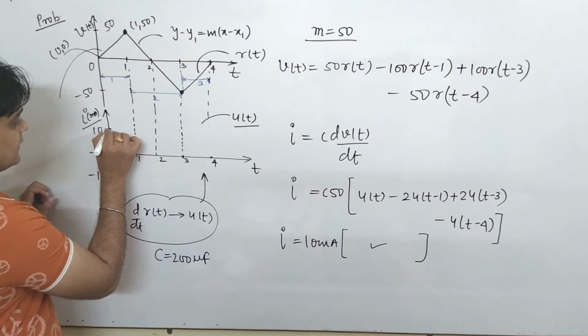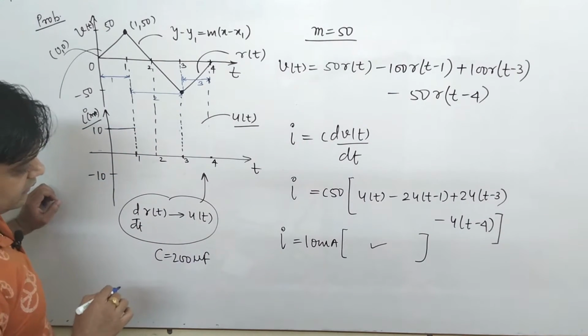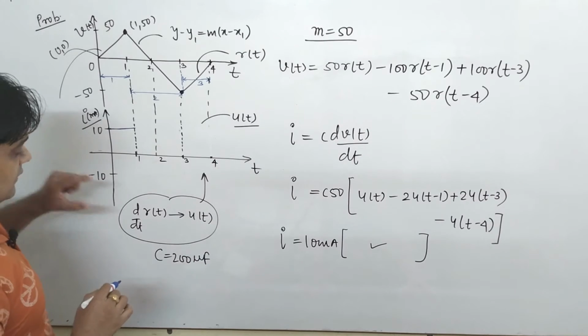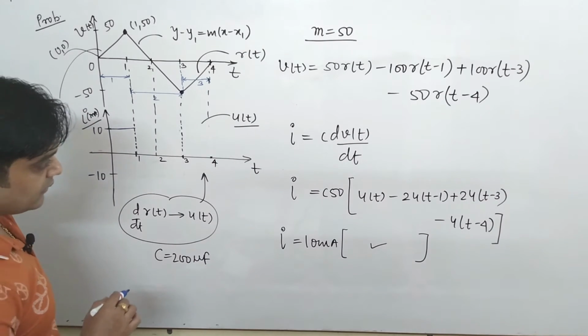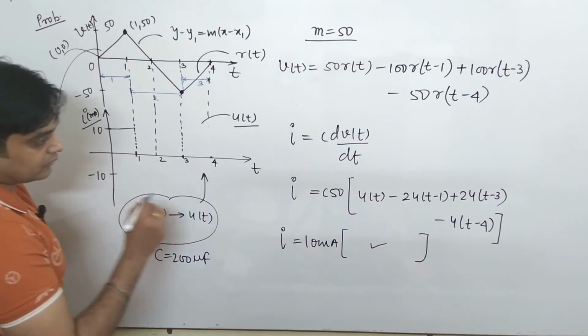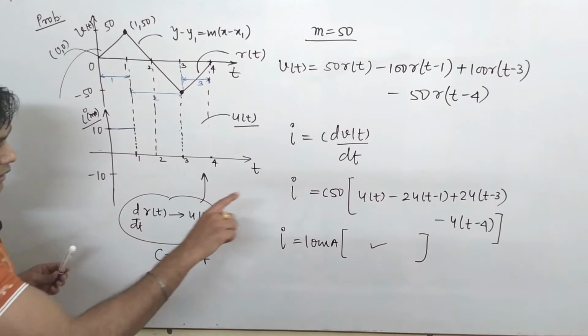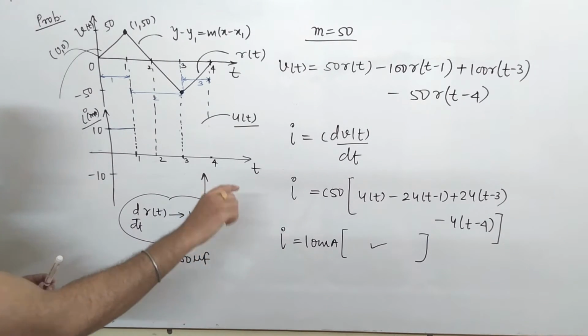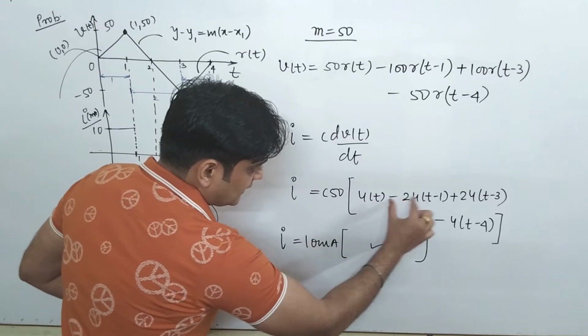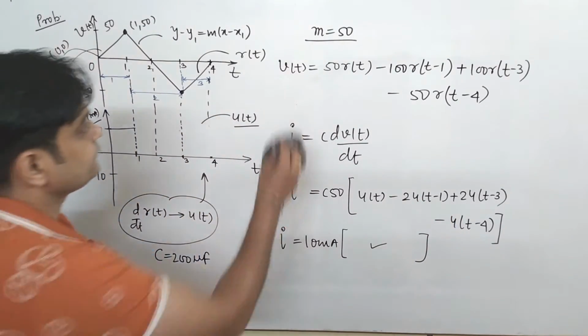Now see, this is your u(t), the magnitude is 10. Okay, u(t). Now what happened at t equal to 1? Here this u(t) goes to minus 2u(t minus 1). It means from this signal, this much of signal is decreased. How?